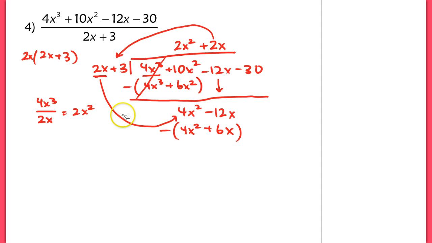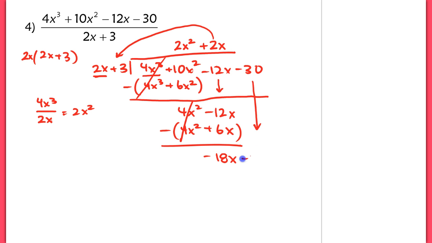I put it in parentheses to remind myself that I am subtracting here on this next term. This one's easy to remember that you're subtracting because the sign is right there. Here it's really easy to write this number as just negative 6. But really, negative 12 minus 6x gives me negative 18x. So it's very easy to make that mistake, so make sure you put parentheses around there so you remember to distribute that negative. All right, we'll bring down now that negative 30.